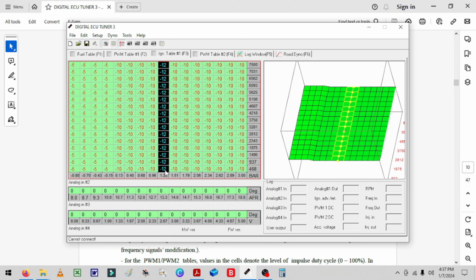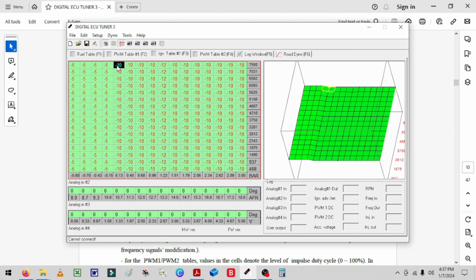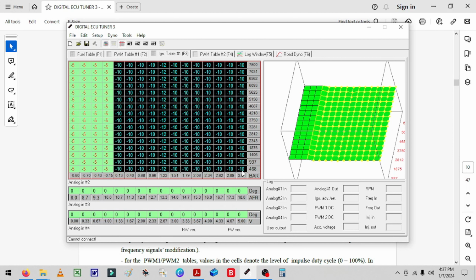There's my 2 degrees. Okay. I'm pulling timing now. Even though that number's getting higher, I'm pulling timing. Because now this is literally minus 2 degrees. It's not minus 12, it's minus 2, because remember, all these cells right here were brought back to zero. All these cells washed out that additional advance that I had in there.